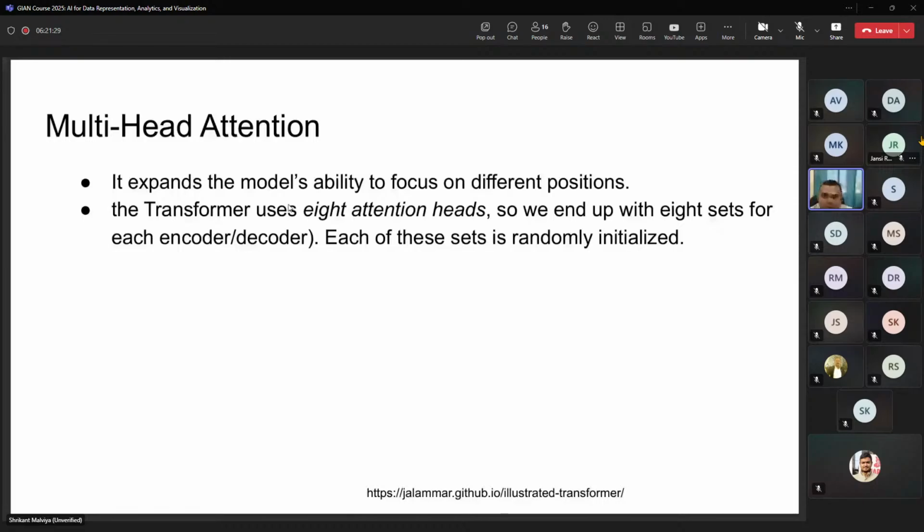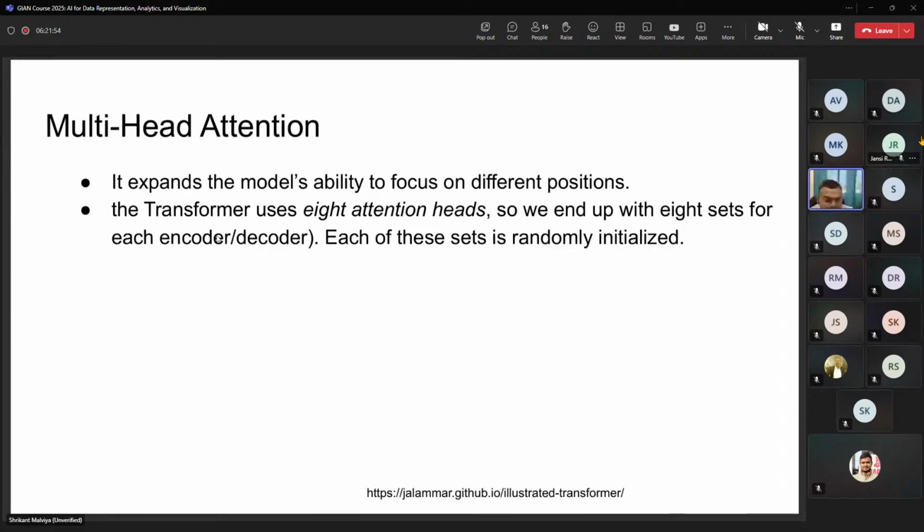One head may be utilizing the dependency among the words, the part-of-speech dependency, while others may be finding some other pattern in the input. So having multiple heads gives the model the ability to process multiple patterns in the input.